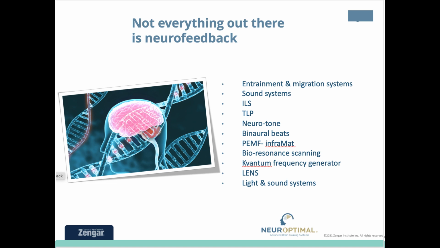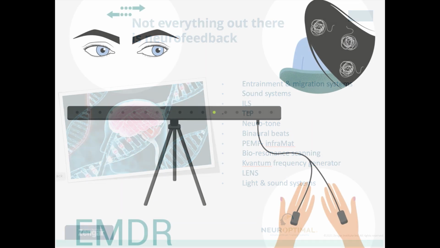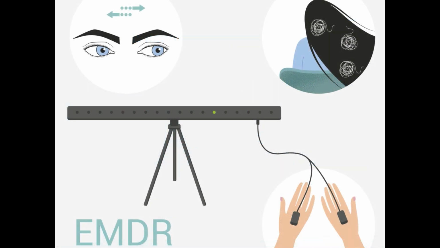So, you can do EMDR, but if you're doing EMDR, then don't use the vibration pads. Don't do anything that forces the body to change or do something. You could very easily still do the tapping on their knees or their thighs if you want, but it's not going to be the same as a vibration mat.